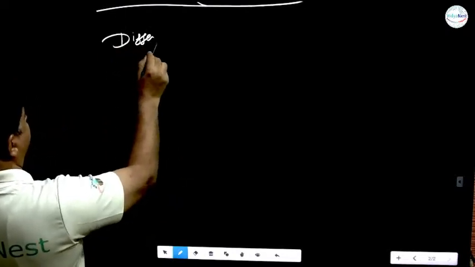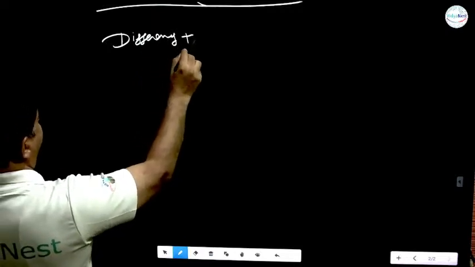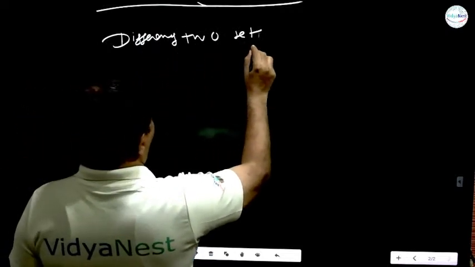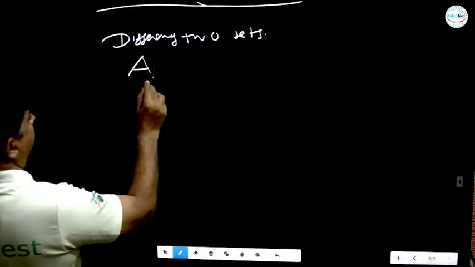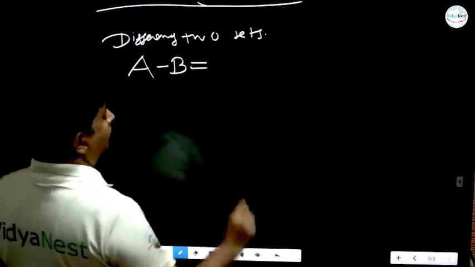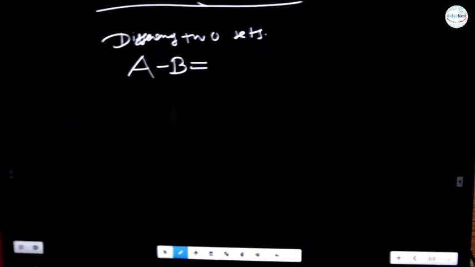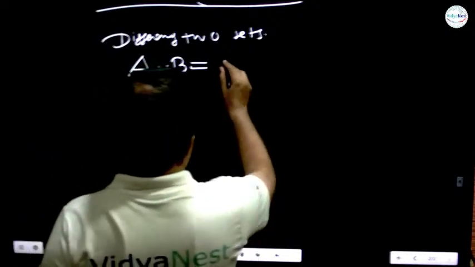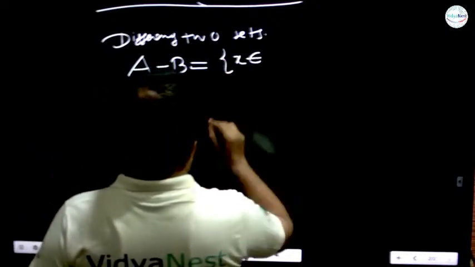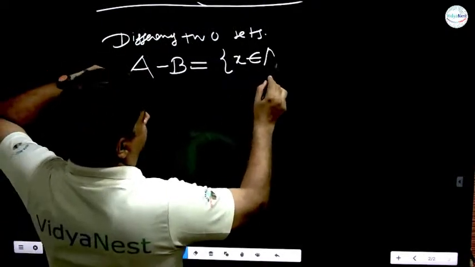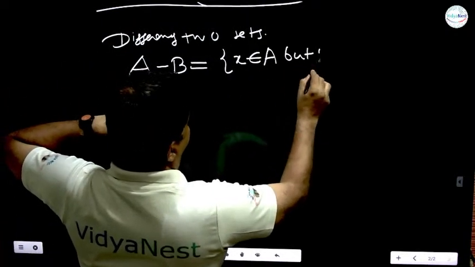Difference of two sets, like this, A minus B. What does it mean by A minus B? See, A minus B means x is an element which belongs to A, but not B.